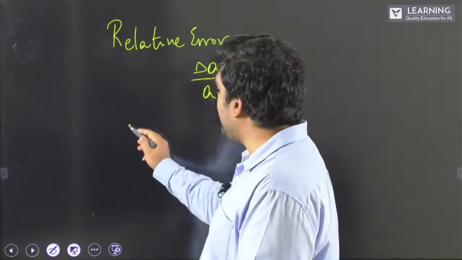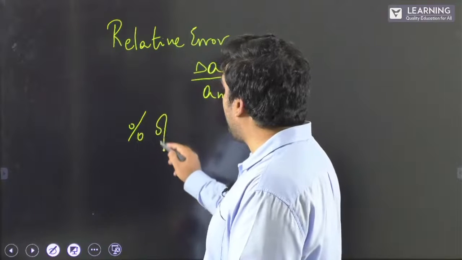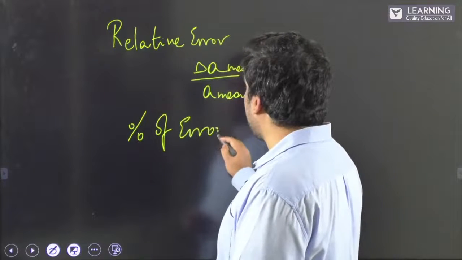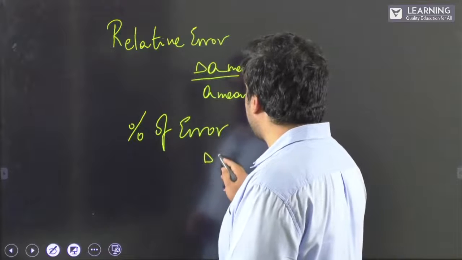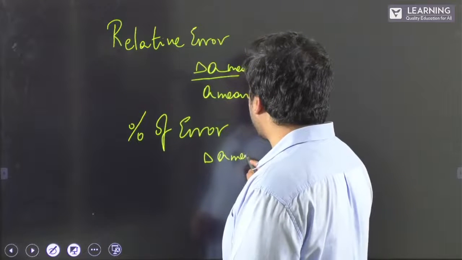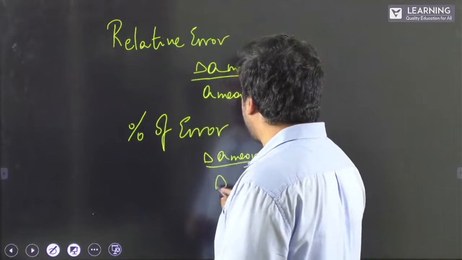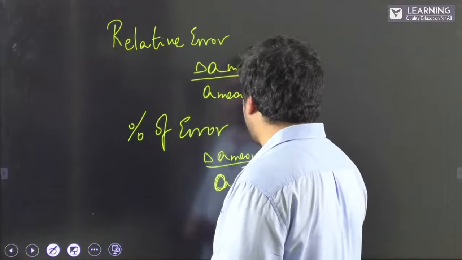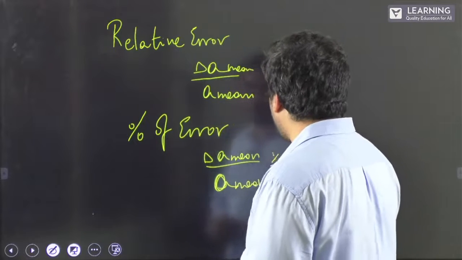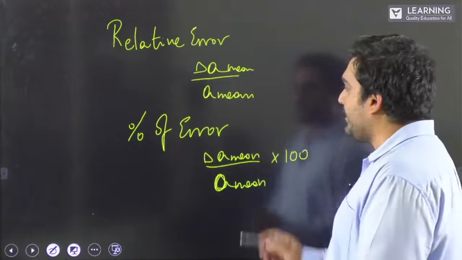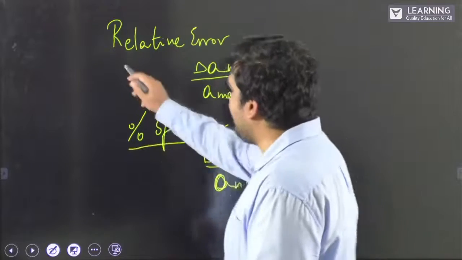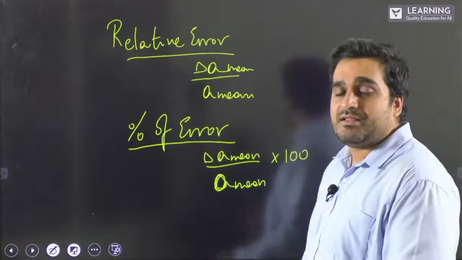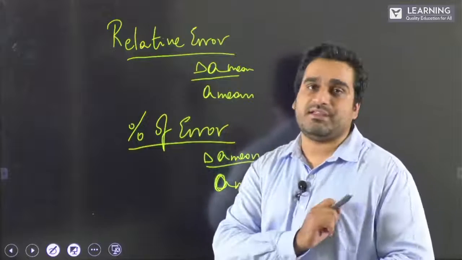You can find the percentage of error in a given measurement by just taking the relative error and multiplying it with 100. This will give you the percentage of error found in a given instrument.